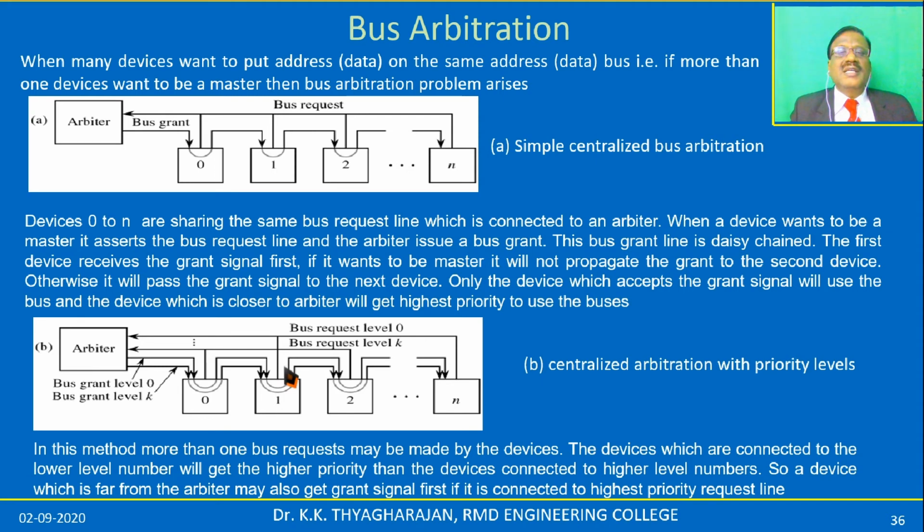In this case, device n will have the highest priority compared to device 1. This arrangement helps to fix the request level and priority for different devices.